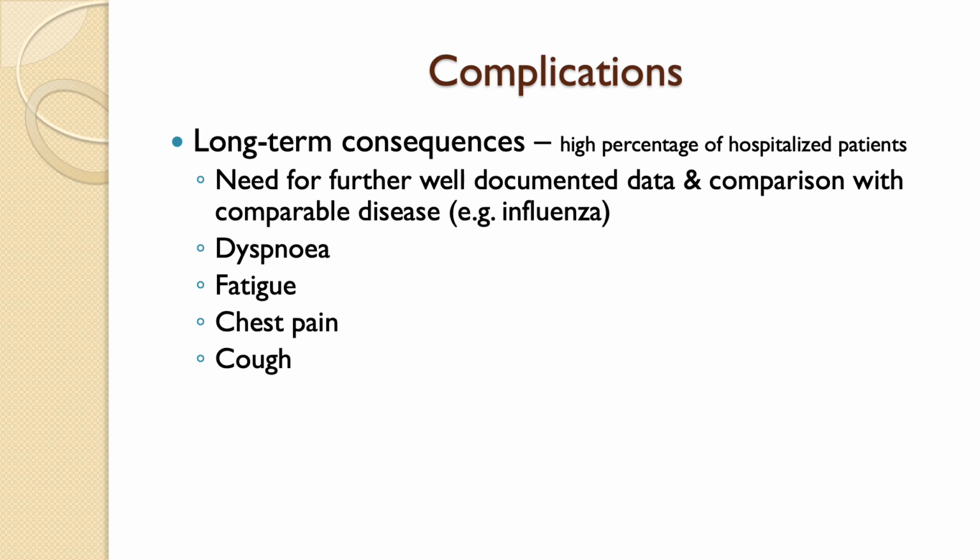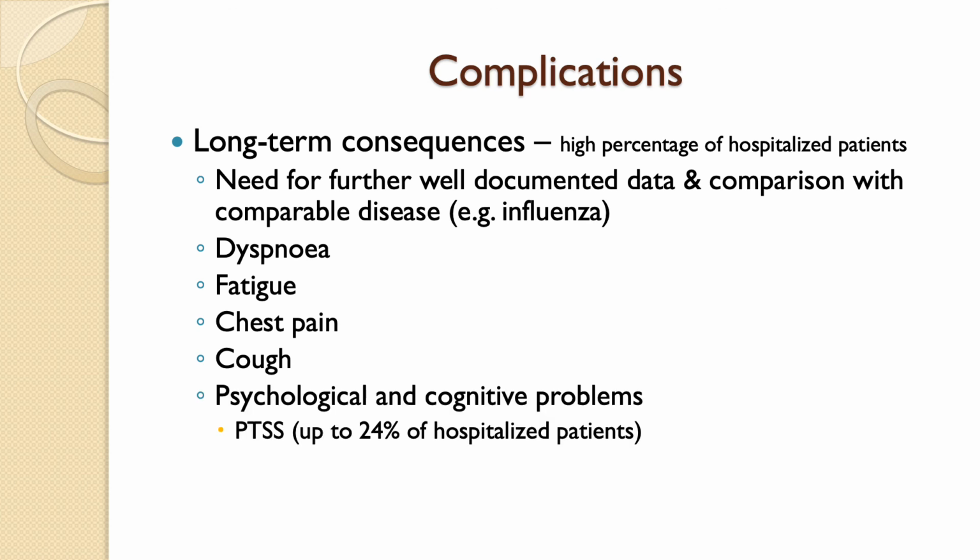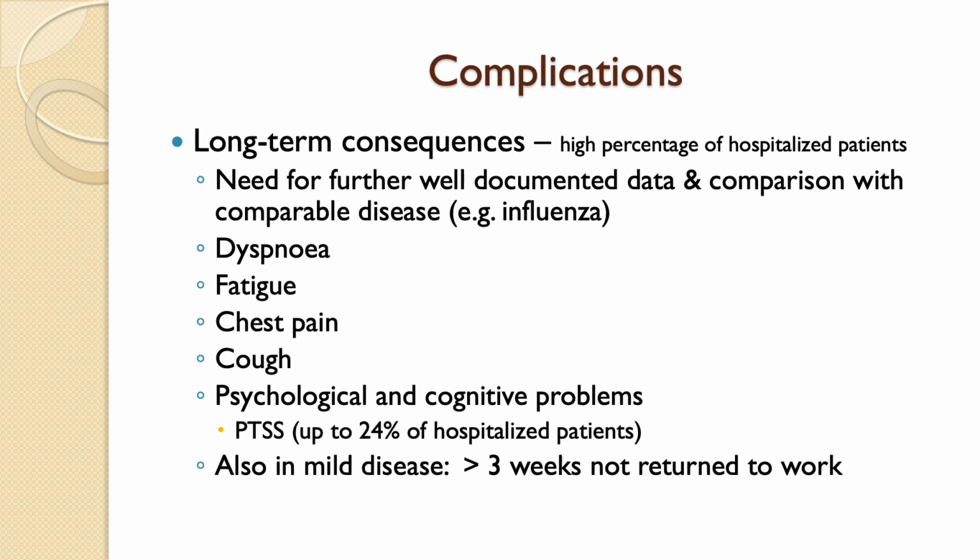But symptoms like dyspnea, fatigue, chest pain, cough have been well described, as well as psychological and cognitive problems. And post-traumatic stress syndrome is reported in up to 24% of the hospitalized patients. And even in mild disease, there is a significant proportion of patients that did not return to work within 3 weeks.